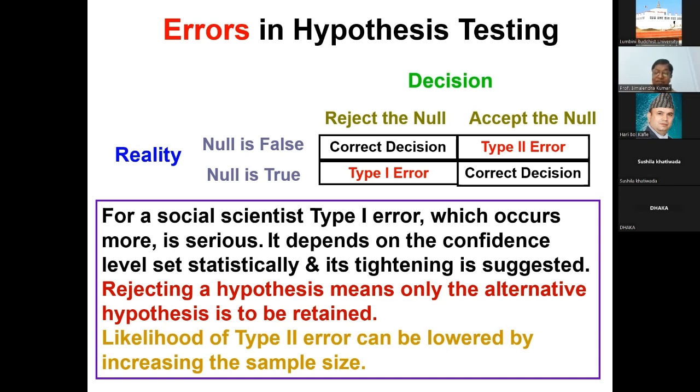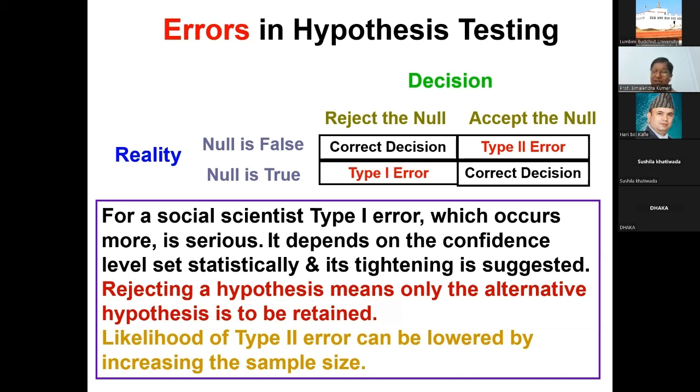Rejecting a hypothesis means only the alternative hypothesis is to be retained. We have already discussed that when the hypothesis does not come to the objectives of the research, we have to change our hypothesis. It must come to the concluding part, the solutions which were imagined in our mind for the research problem.